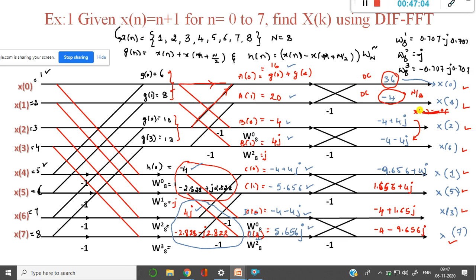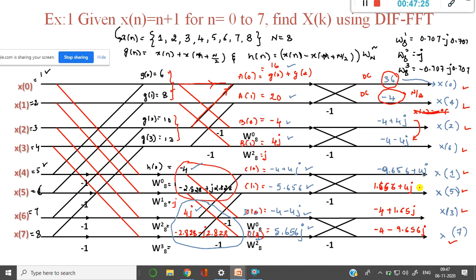So obviously you get complex conjugates. And similarly 5 and 3, are you getting complex conjugates here?